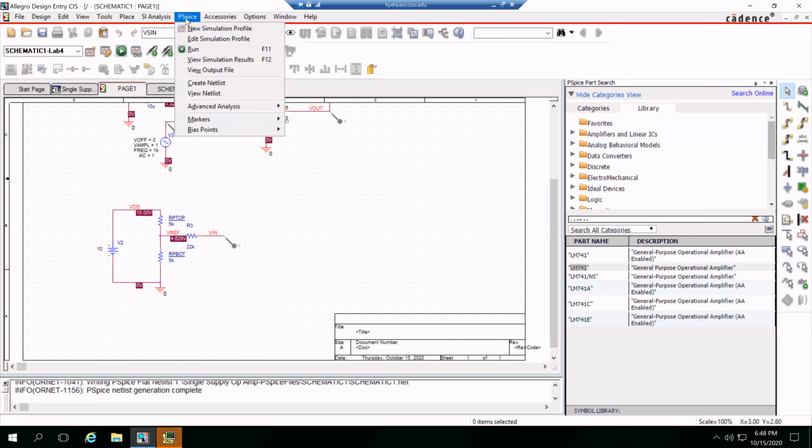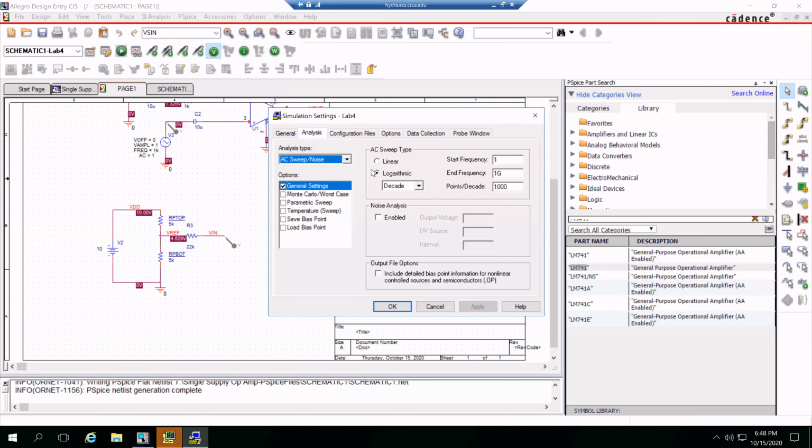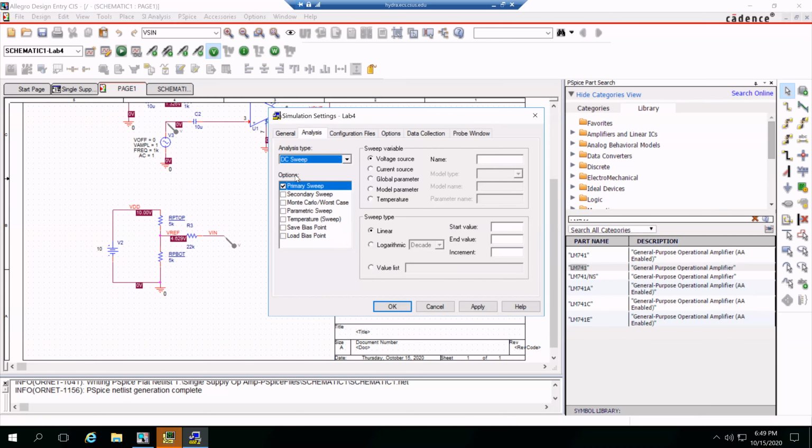No. Let's see here. Come back to DC. Come on, computer. DC. Bias point.